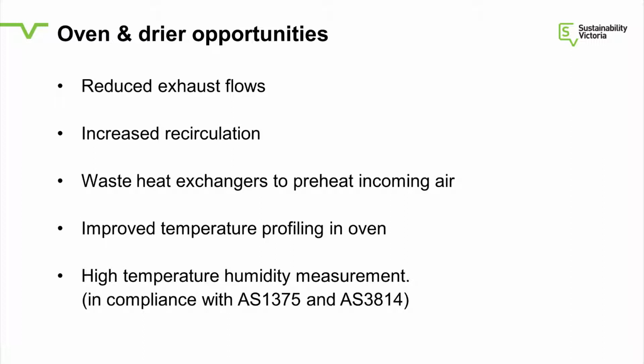Again, a lot of people will commission these things based on the worst case, the worst humidity, the worst temperature condition, and no one touches them. So it might only be 10% of the time where you need to operate at that condition. So if you've got better temperature control and humidity measurement, you can make those adjustments to minimise the energy when the conditions allow that.